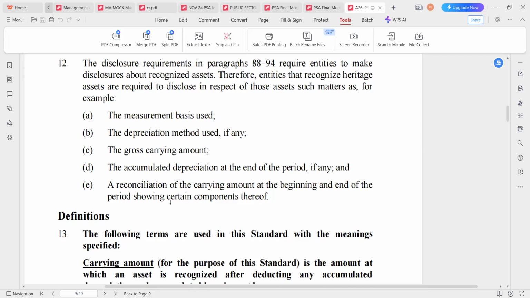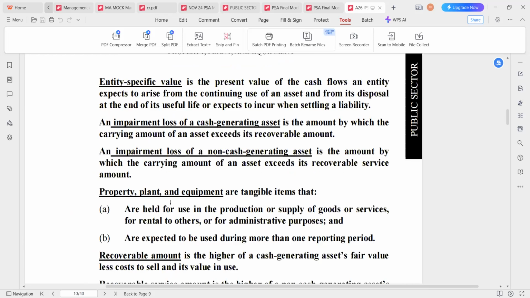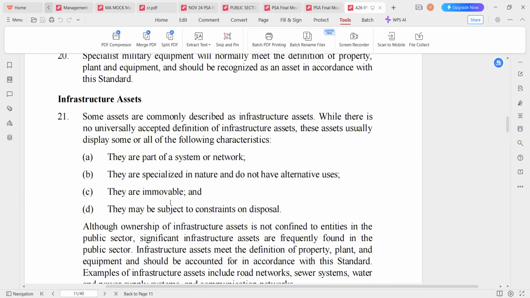That's all. So these are the things you should know. Recoverable amount, those steps are still the same. Infrastructure assets. All right, so that is IPSAS 17 for you.